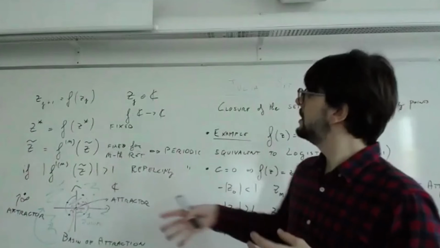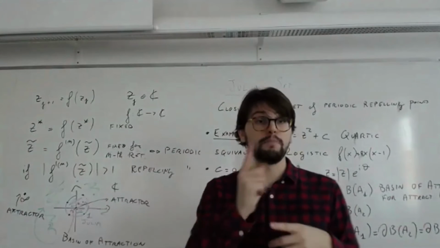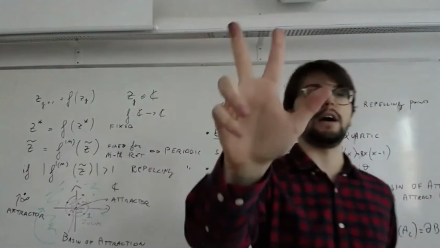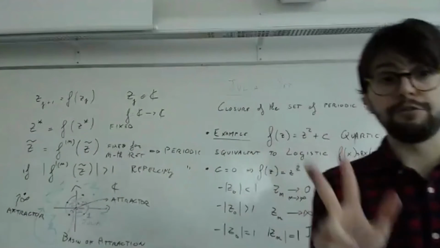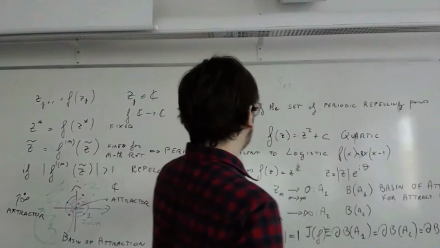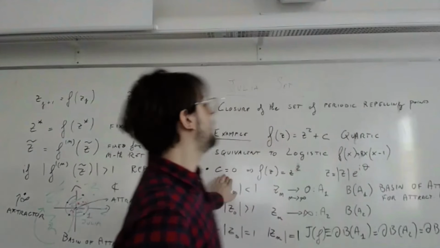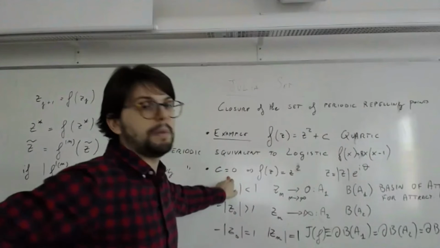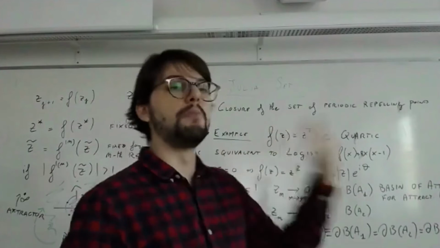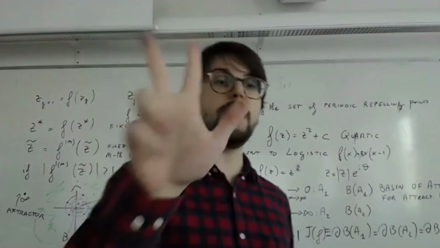Okay, so this is one Julia set. But imagine that in 2 dimensions you have 3 attractors. If you take C different than 0, you will have a situation that would be very difficult to study analytically, but you will have more than 2 attractors. Suppose that you have 3 attractors.